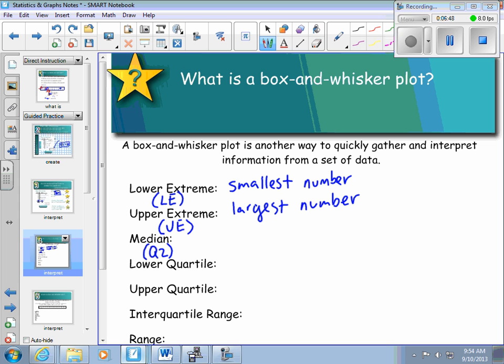But a median is your middle number. If there is an even number, or if there's 2 numbers in the middle, there's 2 middle numbers, then you average those 2.